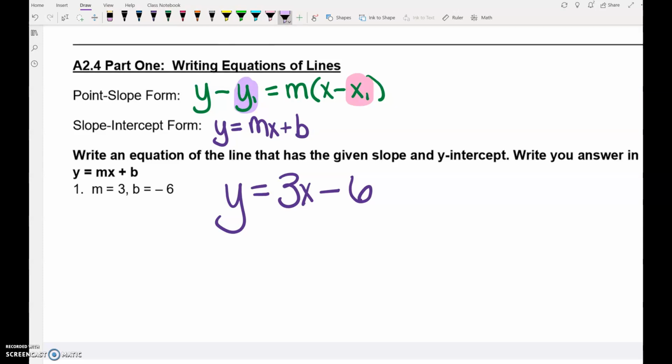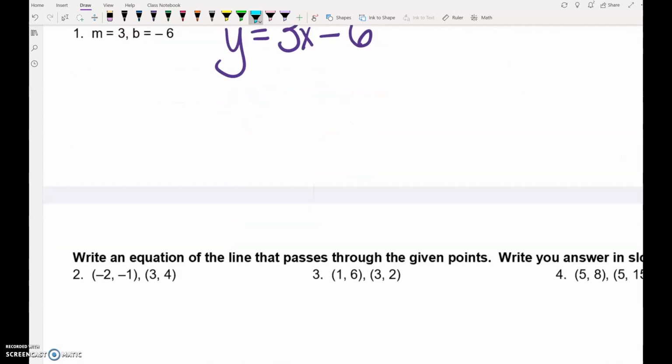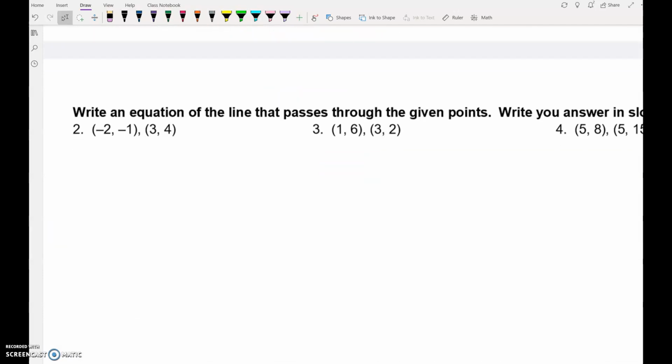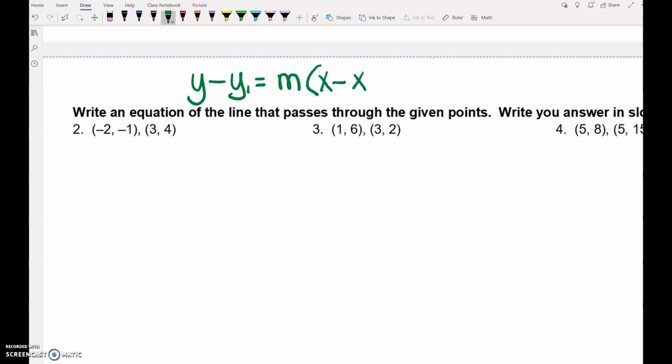So you're going to put numbers in those spaces. And then m is your slope. Let's go to the next page. On the top of the next page, I want you to again write down y minus y1 equals m times x minus x1.